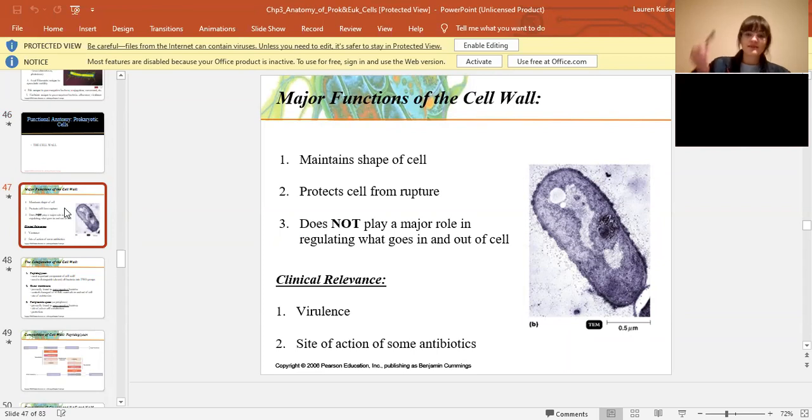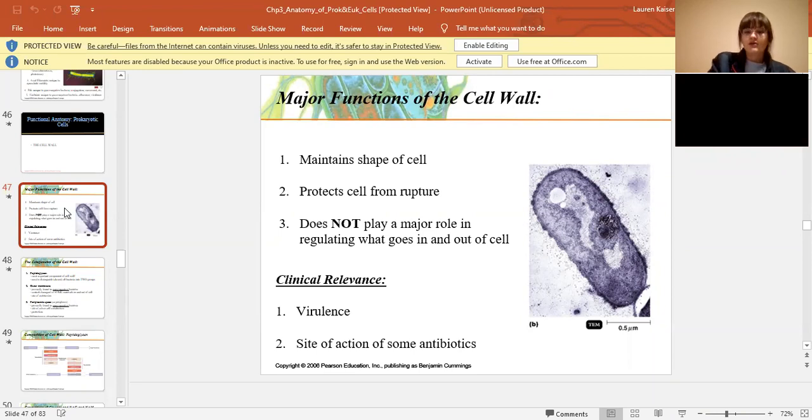Always think of the semi-permeable membrane. That's not the cell wall. The wall is simply structural, right? And depending on what type of cell wall it has, it can increase its virulence. And also depending on the makeup of the cell wall, we can target it with certain antibiotics.